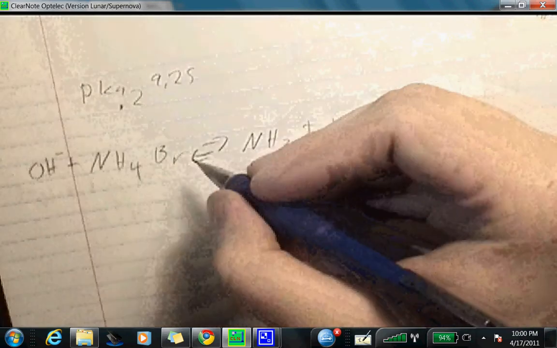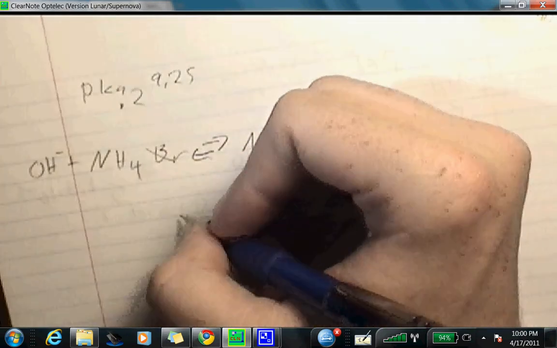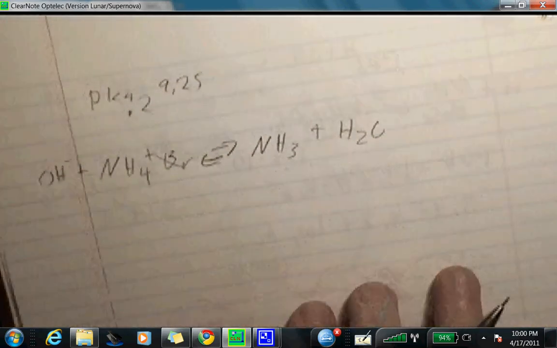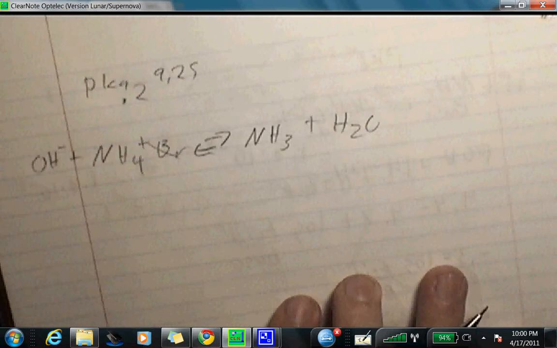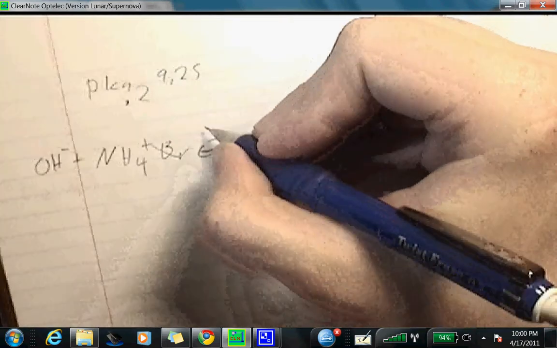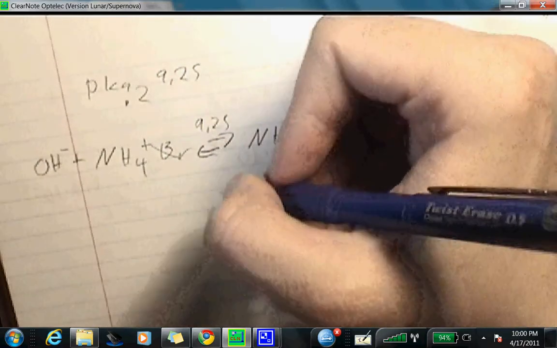Now we see this right here. I'm going to cross out the Br, cross out the ions. That's going to be a plus. Okay. The pKa of this is 9.25. So what's the pH?